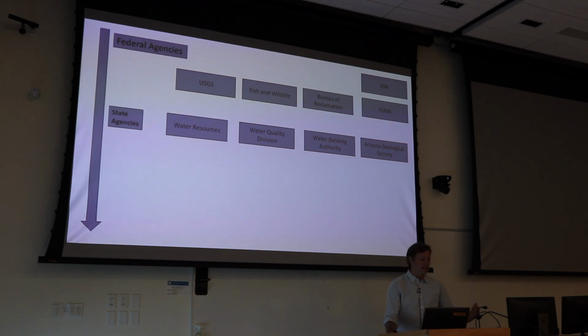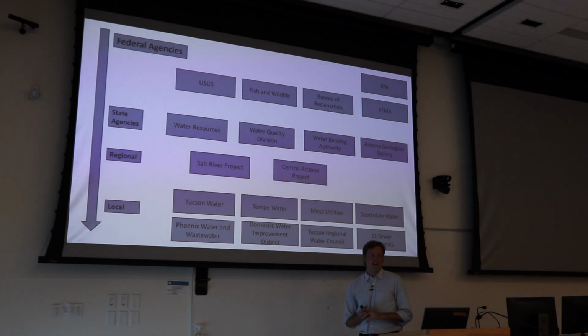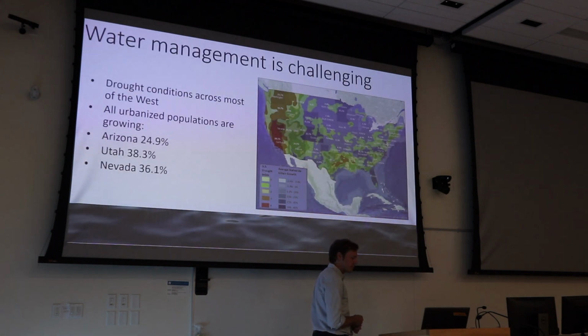So 50 states, there's 50 state departments of water resources, water quality. Different states have programs like water banking authorities. You get into sub-regional or watershed management agencies at that regional level. And then you get into every city, and there's sometimes multiple sewer districts in a single city, multiple water providers. It becomes extremely complex very quickly just within that field of urban water management.